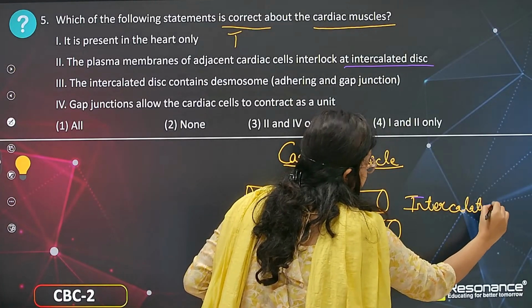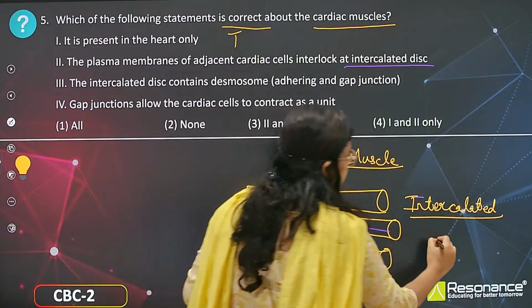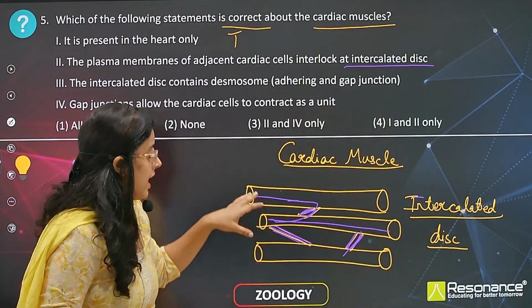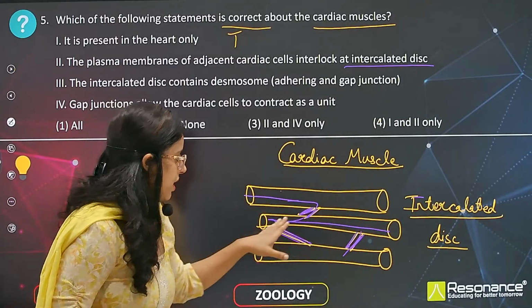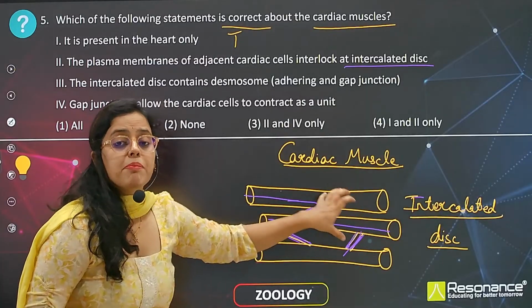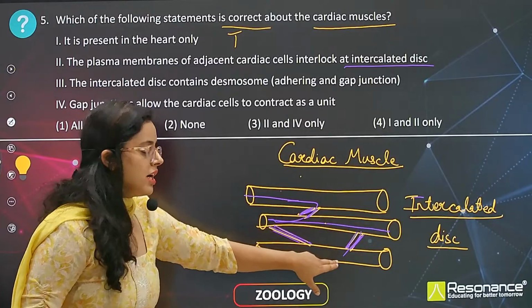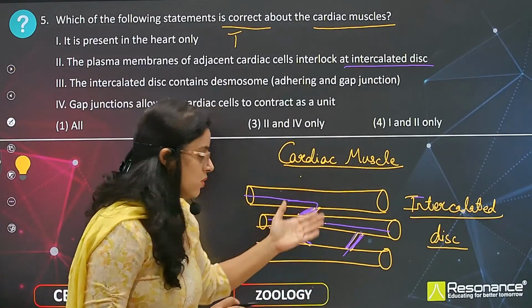So these branches which are connecting the cardiac muscles are called intercalated disc. And what is the property of the intercalated disc? It transfers the stimuli in a faster way, so the contraction can happen uniformly. If this muscle is contracting, this will also contract, and the third muscle will also contract, and the muscles which are joined together will also contract.